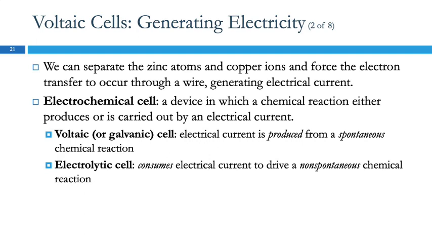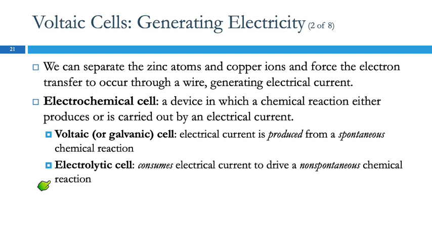It's a device in which a chemical reaction either produces electric current, or we can use electrical current to force a non-spontaneous reaction to happen. So a voltaic, or sometimes known as a galvanic cell, is where electrical current is produced from spontaneous reaction.